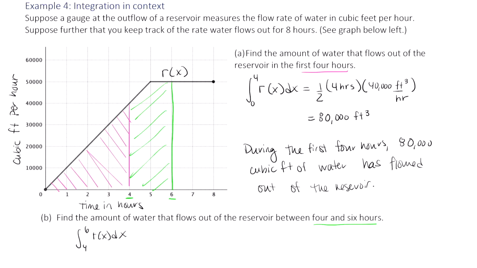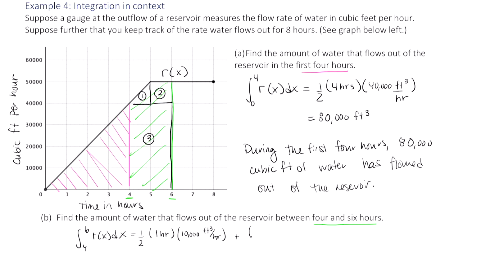We can write this as a triangle, or we can just count squares. So I'm going to break up all these regions. This is region 1, this is region 2, and here this larger part is region 3. Let's start with region 1. Region 1 is 1/2, and the base is 1 hour, and the height is this value up here, that represents 10,000 cubic feet per hour.